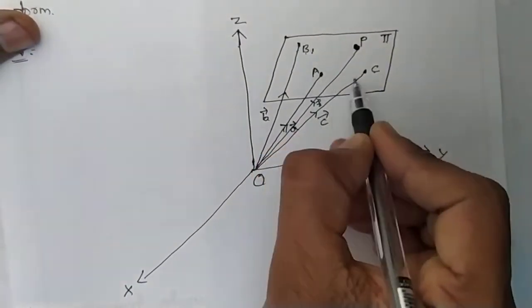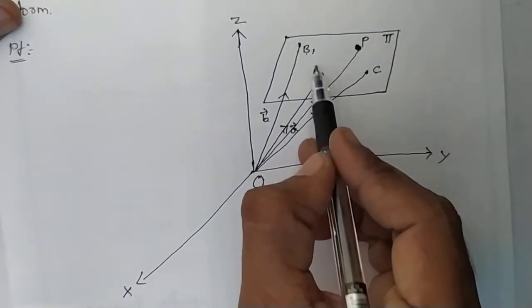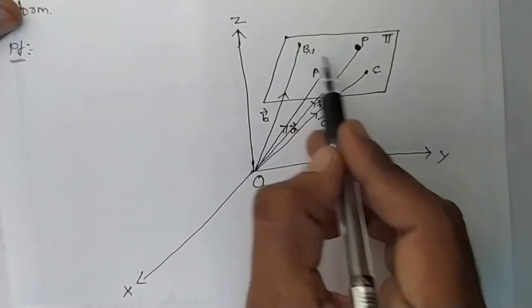Next, let us take any one common point. You just choose any one common point in these 3 non-collinear points.